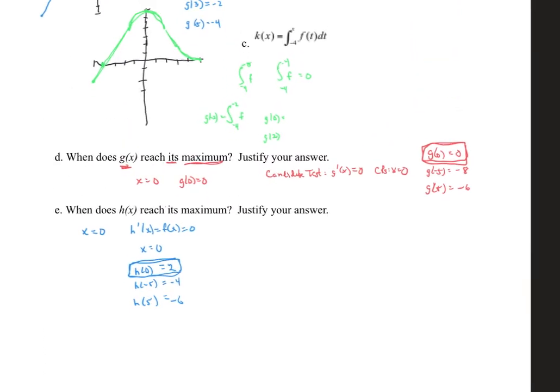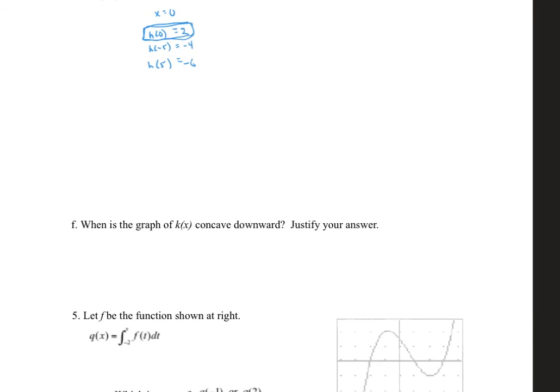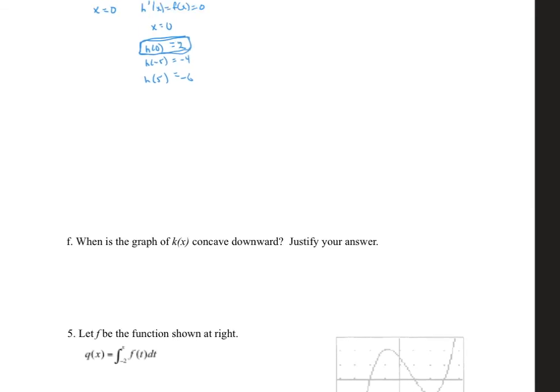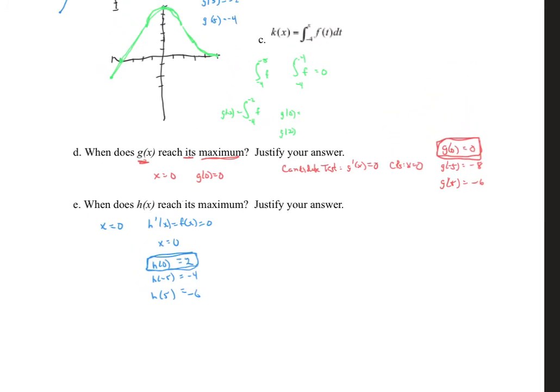So we can then scroll down here. When is the graph of k of x concave down? And k of x was the one that we did in green here.